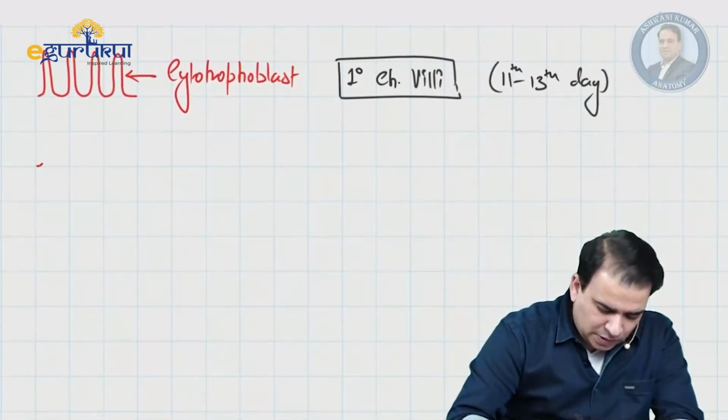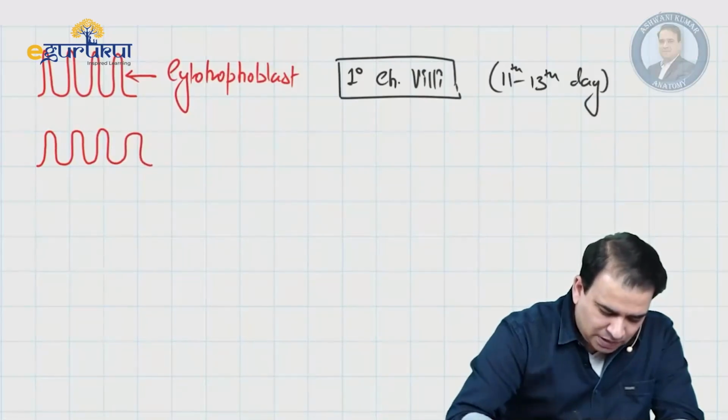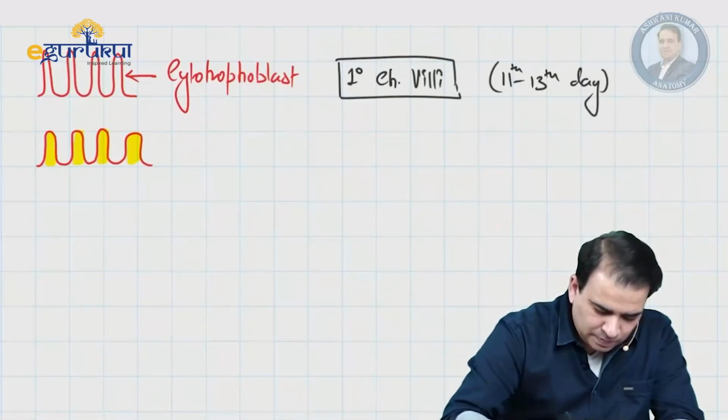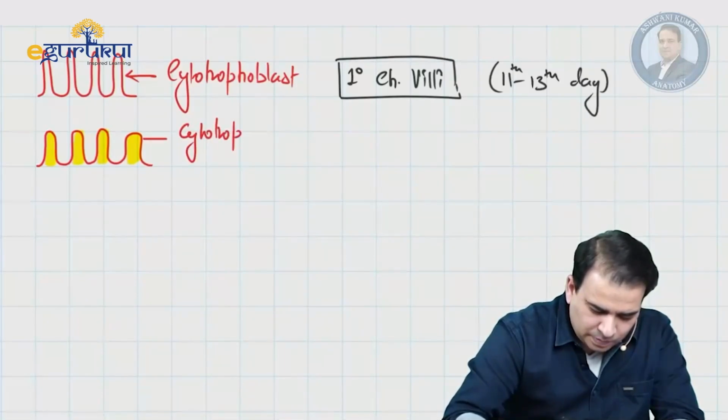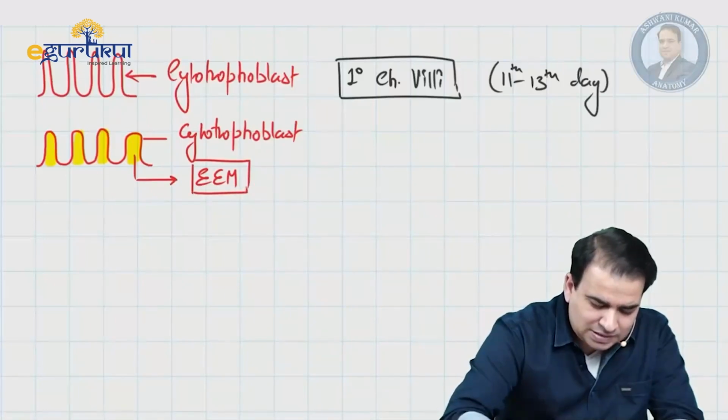The second thing was that when this cytotrophoblast is invaded by the extra embryonic mesoderm. Let's presume this is the extra embryonic mesoderm here. Once this extra embryonic mesoderm invades this cytotrophoblast, so now we have this cytotrophoblast, plus we also have this extra embryonic mesoderm invading inside, and now we call it the secondary chorionic villi.